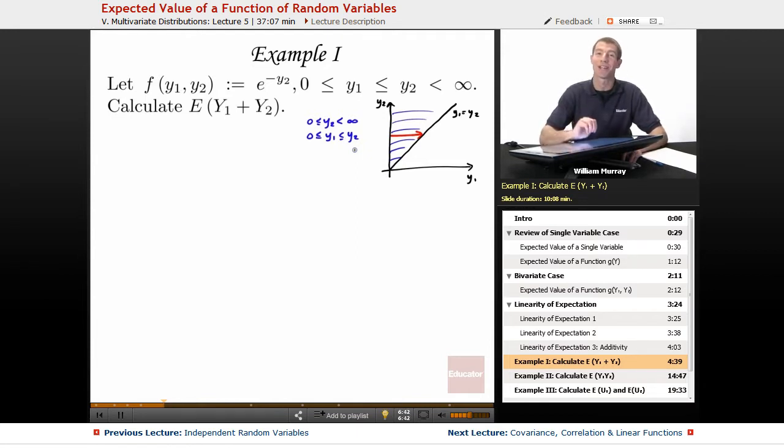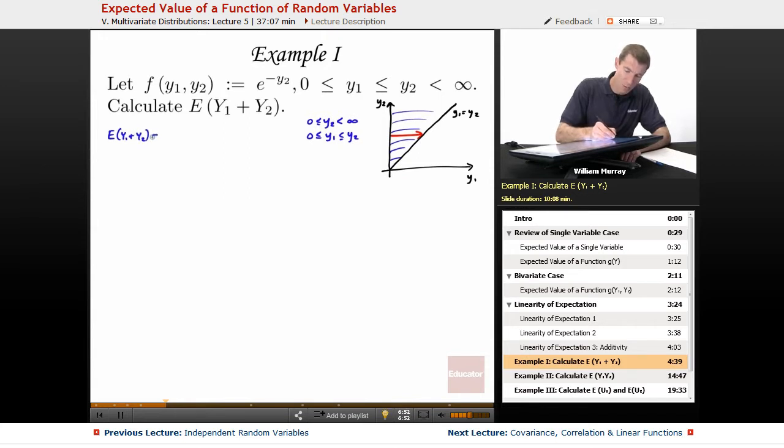We'll use that to set up a double integral to find this expected value. So this expected value of y1 plus y2 is equal to the double integral, I'll fill in the limits in a second, of y1 plus y2 times the joint density function, f of y1, y2, which is e to the negative y2. And now let me fill in the limits on the integral.